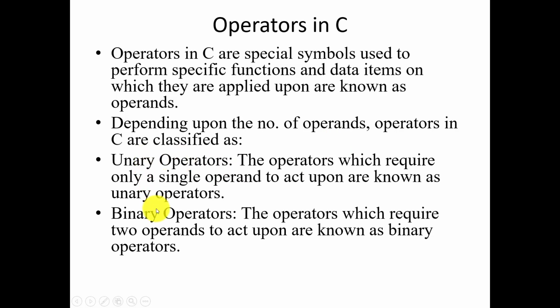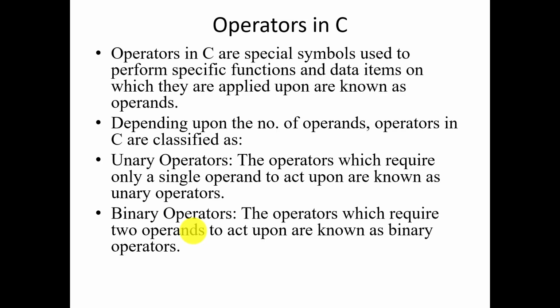In upcoming videos, we are going to discuss in detail what operators are and their kinds, like arithmetic operators, relational operators, etc. These are classified into unary operators, binary operators, and ternary operators. Unary, because it requires only one operand to act upon. And binary, because the operator requires two operands.